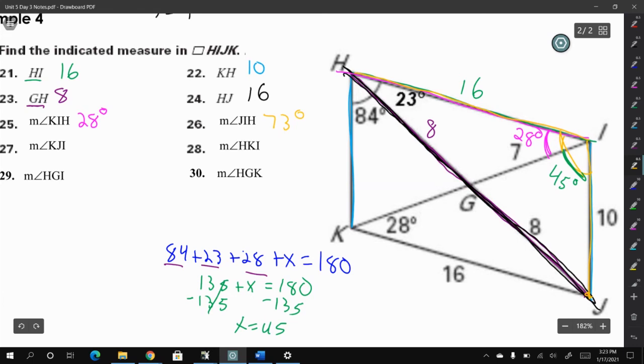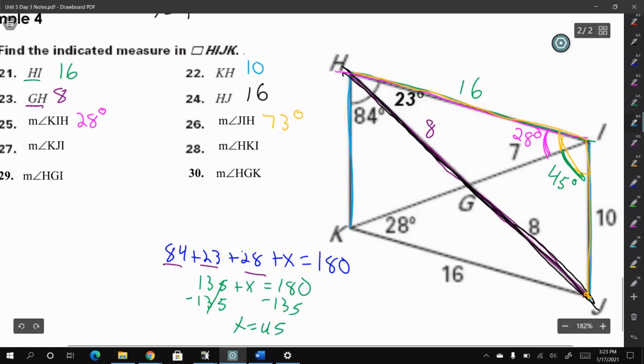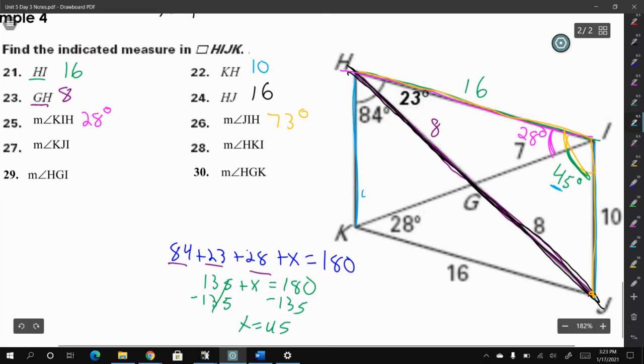So then what we can also do is fill in some of the other angles here. If this angle is 45, that means this angle is also 45. And then down here, if this angle is 23, this one's also got to be 23. And then that one has to be 84. So now we can go look at our problem.